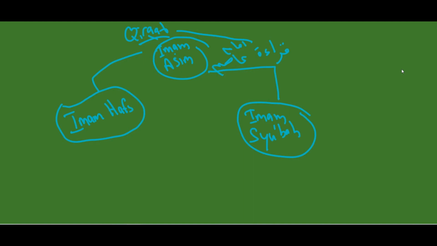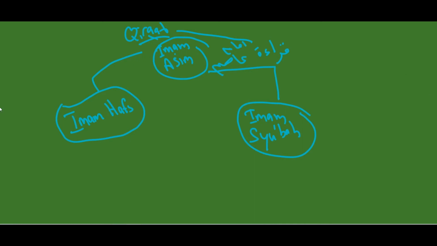So in the qiraat of Imam Asim, there are two rawi. Rawi means the person who narrates the chain of knowledge of Imam Asim, the two main students who narrate his knowledge.